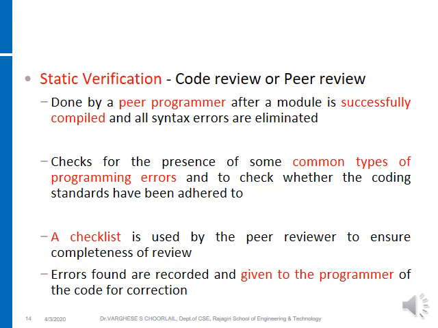Therefore, there is a checklist which is used in code review or peer review methods. And this checklist is used by the peer reviewer to ensure the completeness of review. If there are 10 items in the checklist and your reviewing is based upon that checklist, the probability of those 10 errors remaining in the actual program will be limited after the peer review process.